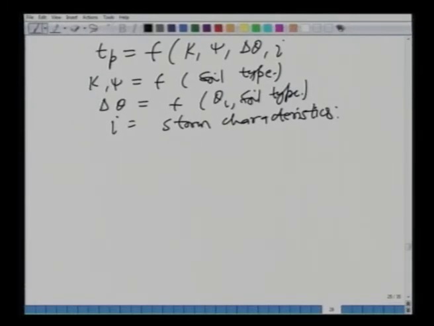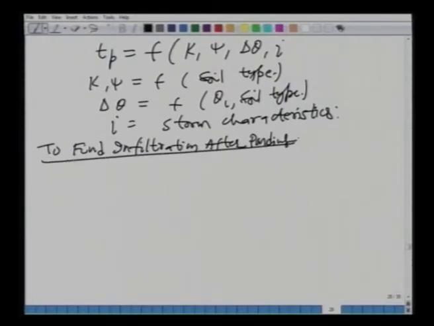Now, the next thing we are going to look at is how to find infiltration after ponding, that is, for the time when time is more than Tp.